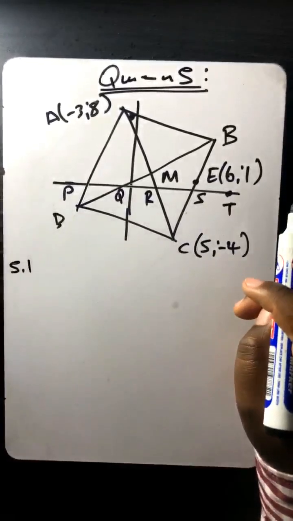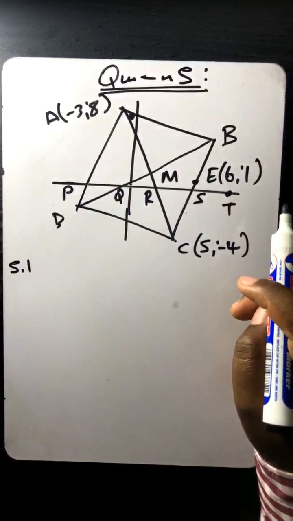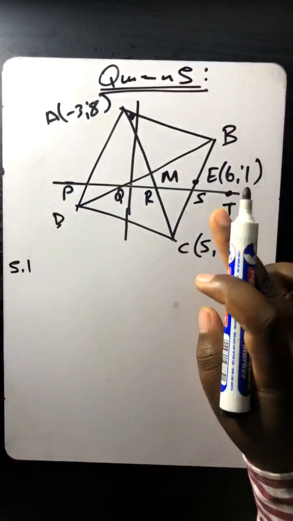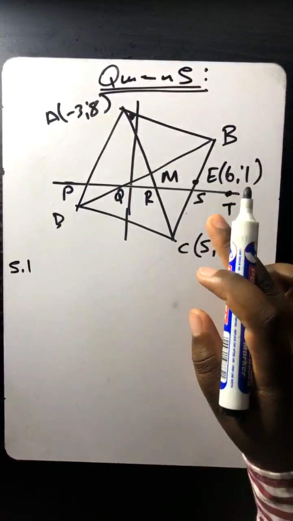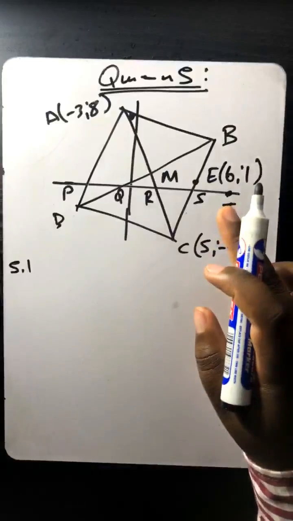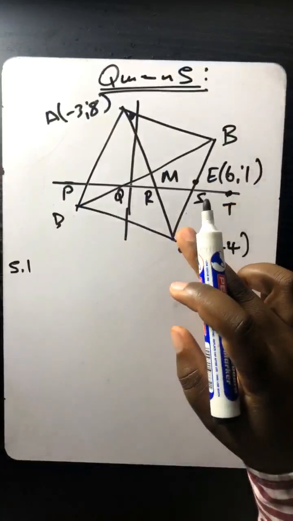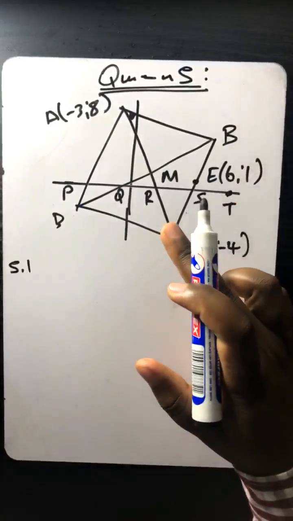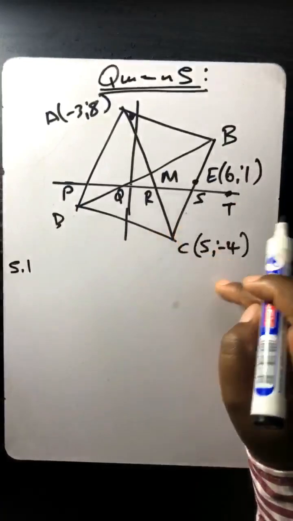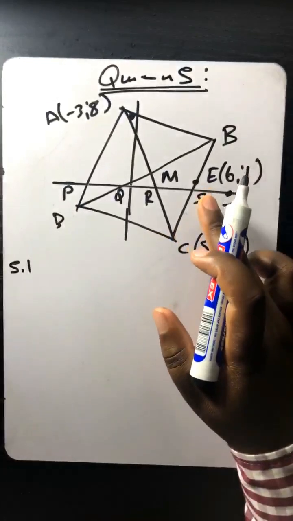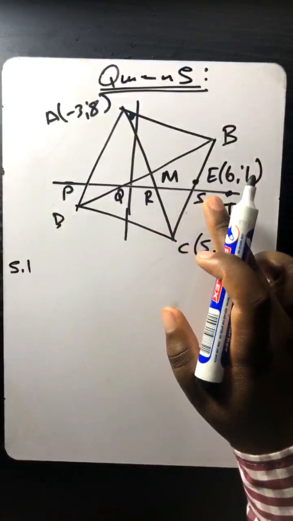ABCD is a rhombus having those coordinates. The diagonals of ABCD bisect each other at M. The point E lies on BC.